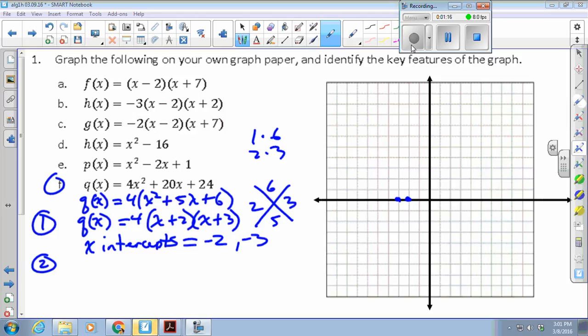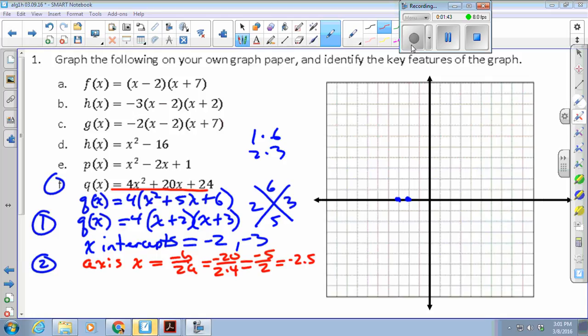And there's two ways you can do that. Because of this first equation right here in standard form, I can find the axis to be -b over 2a, which is -20 over 2 times 4, or factor out the 4, we got -5/2. You might consider that to be -2.5, however you want to write that.